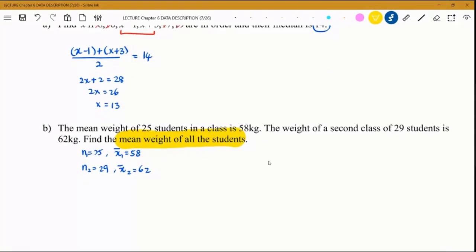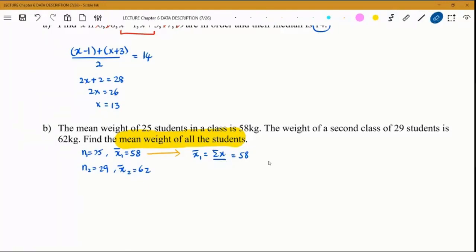So starting dia adalah from the first information here, we know that your X bar 1 equal with summation X over N1. Okay, so the mean that provided, which is 58, and then your N here, which is 25.